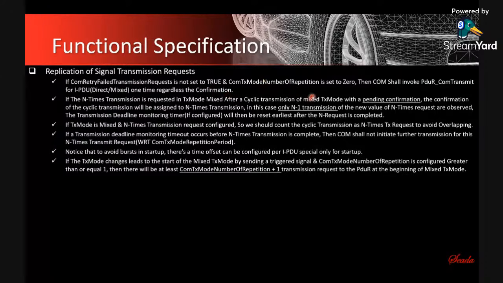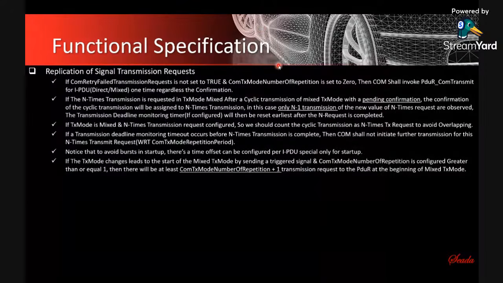And if ComTxModeNumberOfRepetitions is 0, then the COM in this case shall invoke PduR Com transmit for the IPDU, if it's direct or mixed, not none or periodic, one time regardless of the confirmation. So it doesn't care. It sent this message, and whether there is no transmit confirmation or even an okay, it doesn't care about anything. It just triggers this and that's it.